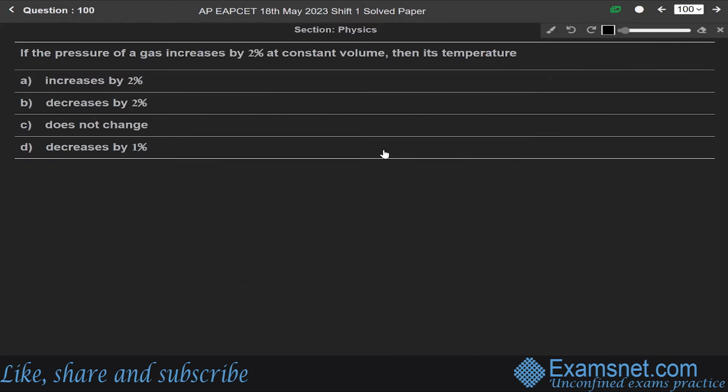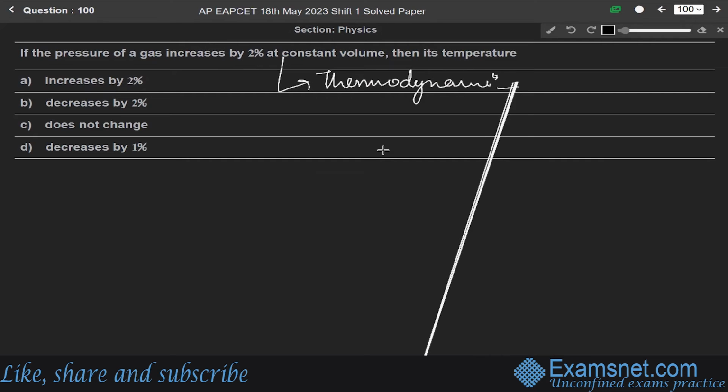Now next question 100. If the pressure of a gas increases by 2% at constant volume, then we have to find its temperature. This question is from the chapter of thermodynamics. Now the pressure is increased by 2% at constant volume.